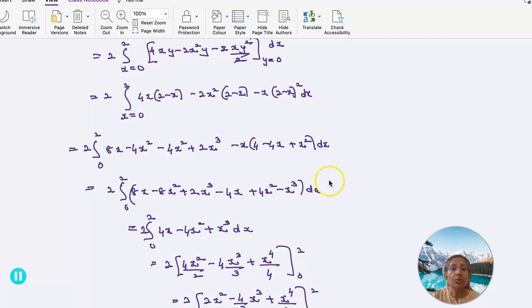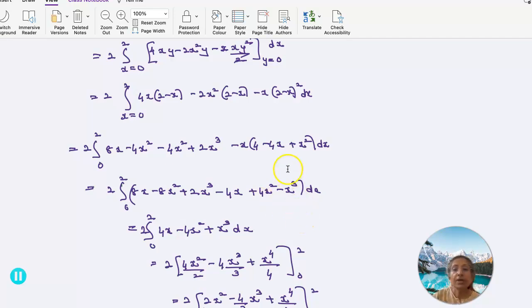So that would give you 8x minus 4x squared minus 4x squared plus 2x cubed minus x into, when you expand this, you get 4 minus 4x plus x squared. Opening the bracket you get 8x minus 8x squared plus 2x cubed minus 4x plus 4x squared minus x cubed.